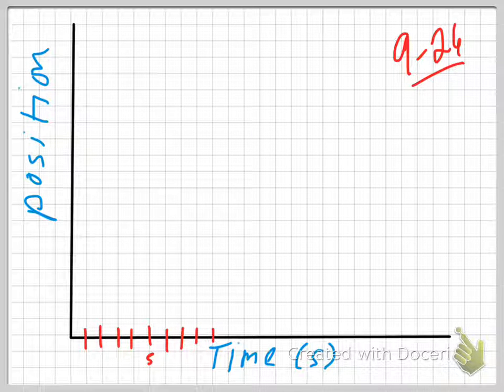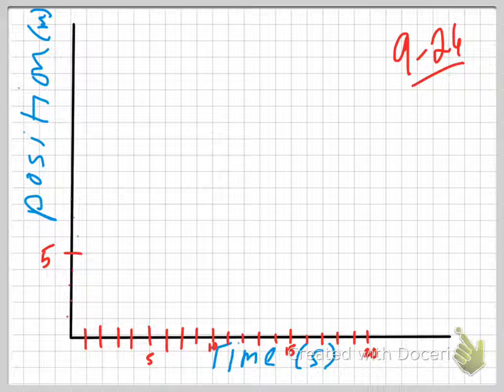So starting at second 0, we have some point in time, and then 2, 3, 4, 5, we have some point, and we could say this is in meters, but it could be in anything. It could be in feet, it could be in kilometers, it could be in centimeters, 6, 7, 8, 9, 10, 11, 12, 13, 14, 15.